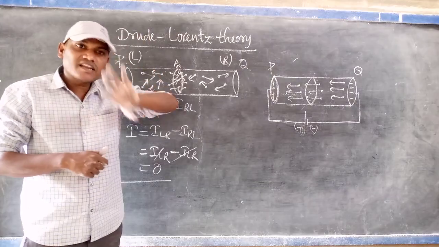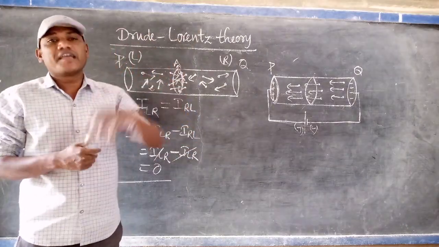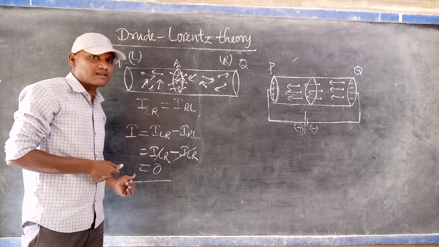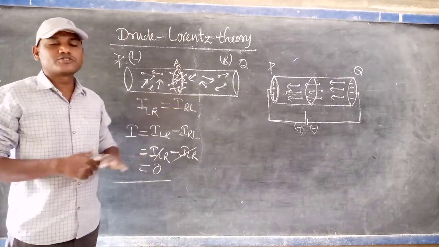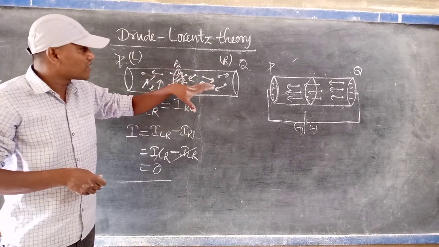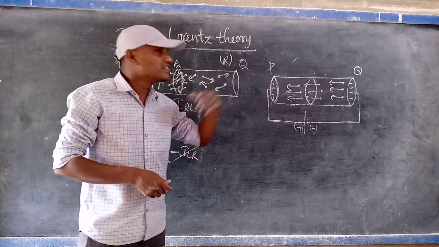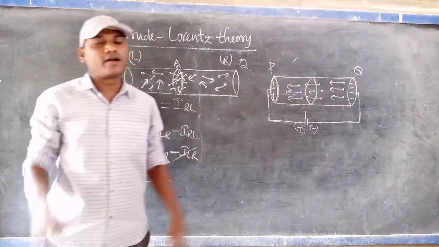Because free electrons are there and they are in motion, but they cannot carry any current, because the resultant current carried by the electrons is zero. But when they are connected to the external source, what will happen? The external source plays an important role in setting all the electrons into motion in only one direction. Then they carry the charge from one end to another end. That is called current.